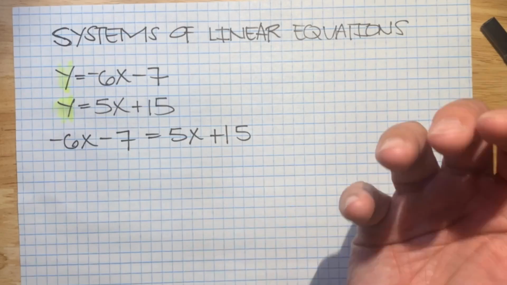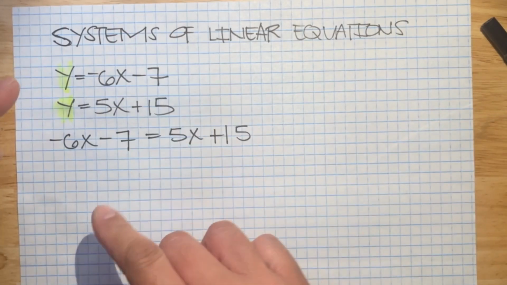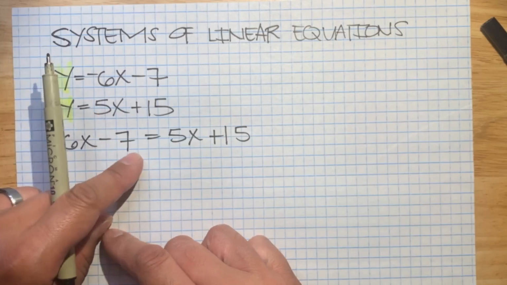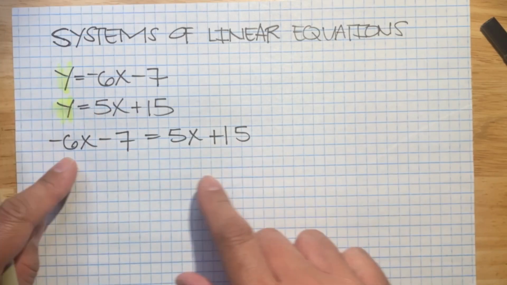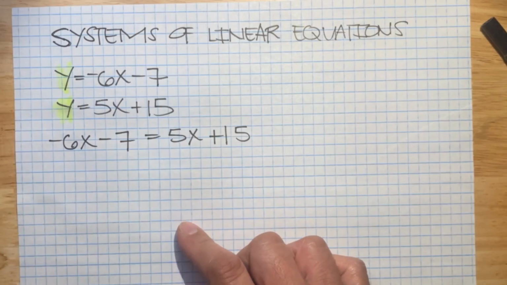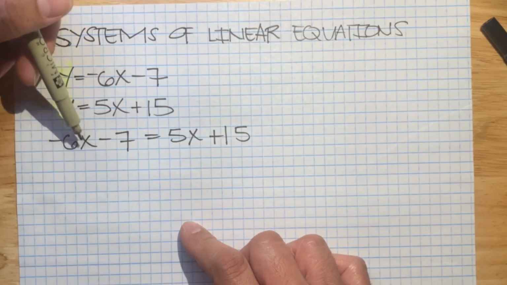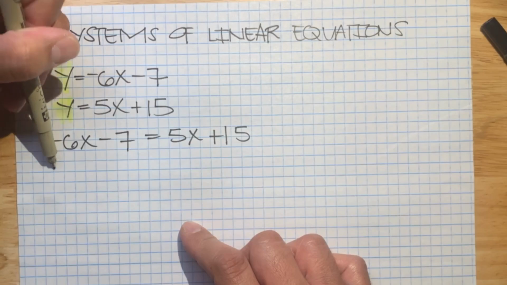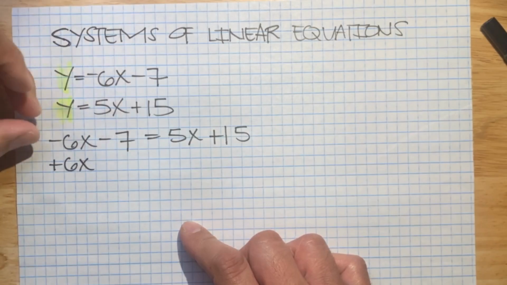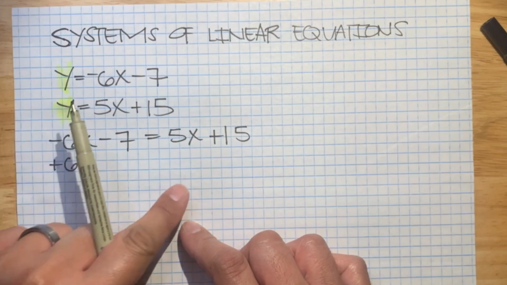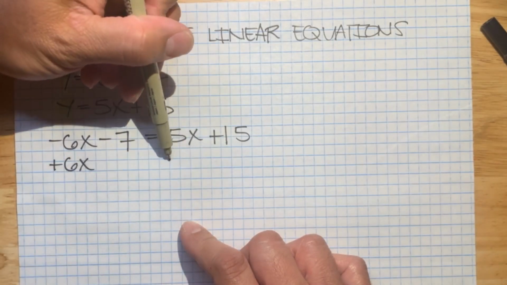All right, now we got rid of one of the two variables, the y's, and we're just going to solve this equation with one variable, an x. So what we're going to do is get all the variables on one side. So I'm going to take this negative 6x, and the opposite of negative 6x is positive 6x, and I'm going to add that 6x to the other side of the equal sign.